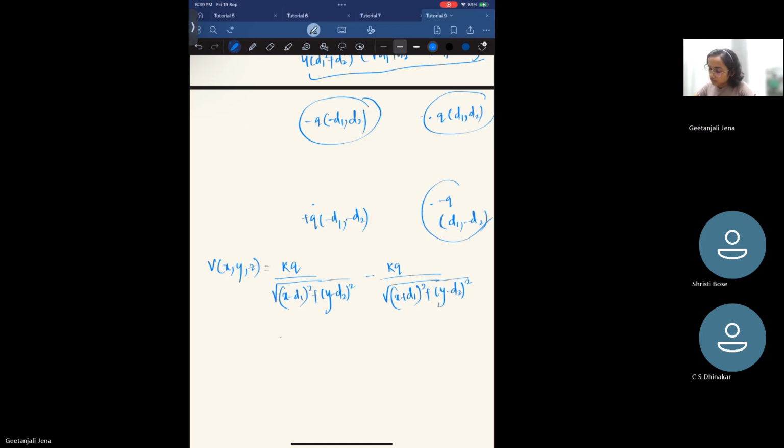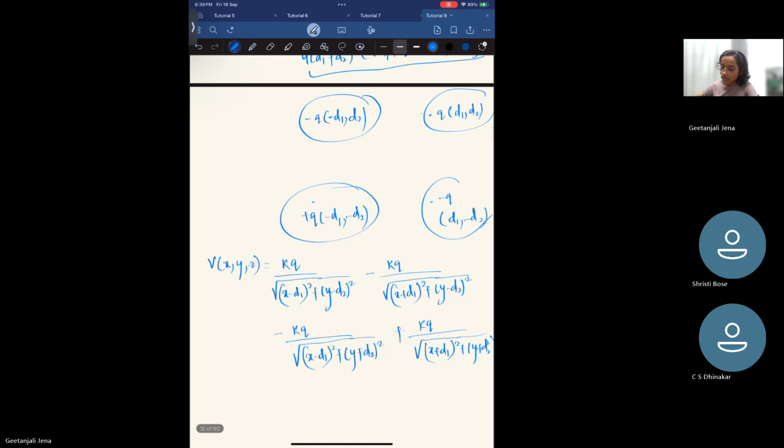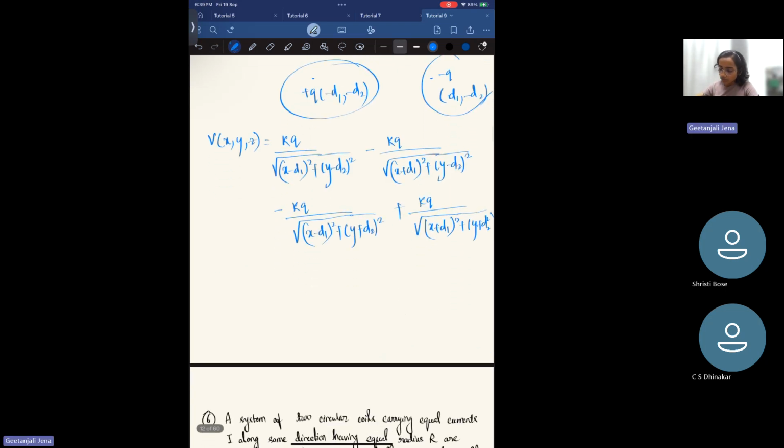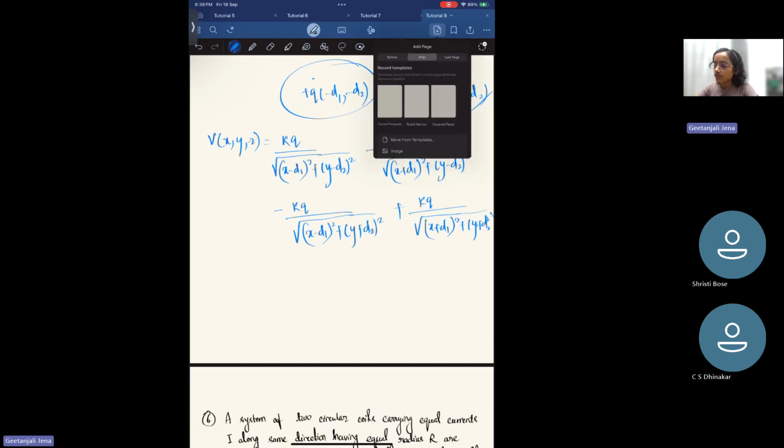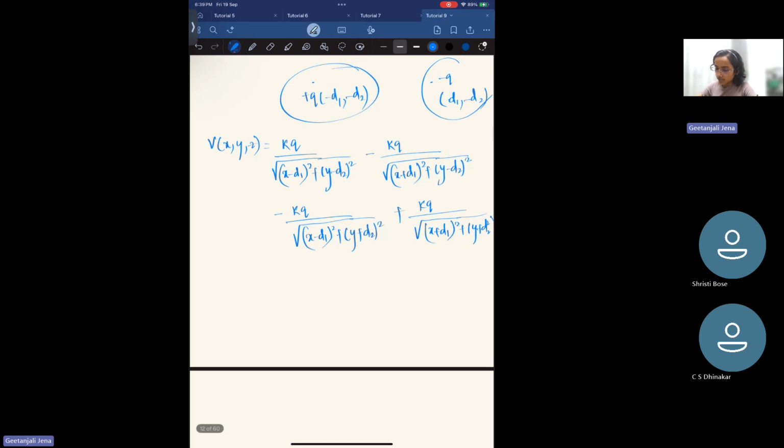This one is minus KQ over the square root of X minus D1 square, Y plus D2 square, and last is KQ over the square root of X plus D1 square plus Y plus D2 square. This is the potential. So if you know the potential, calculating the surface charge density is easy.